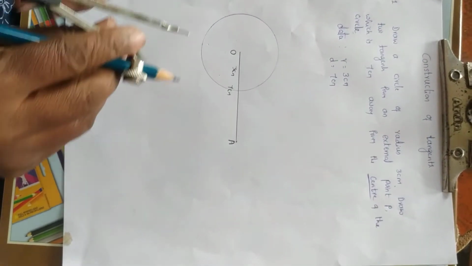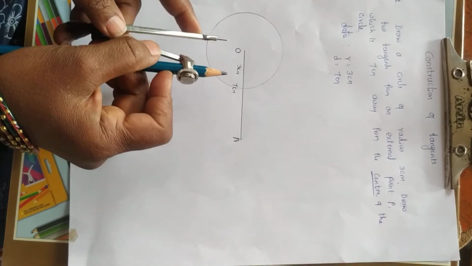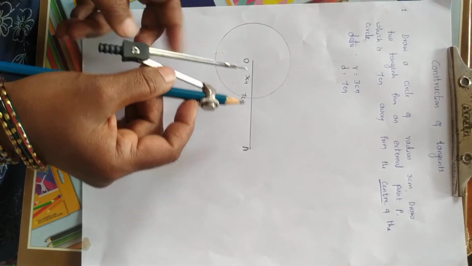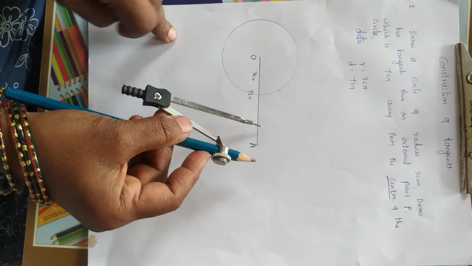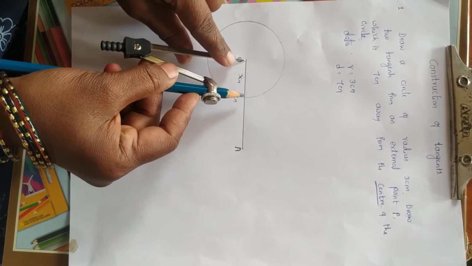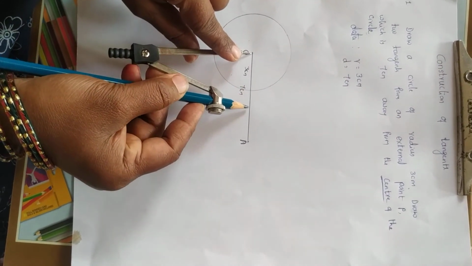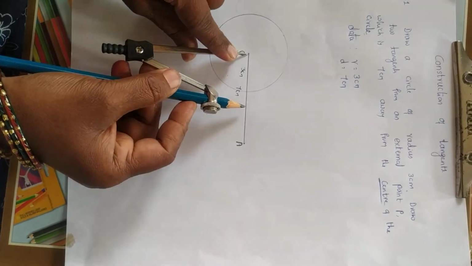Next step is we should construct the perpendicular bisector to the line OA. So for that we need to take more than half of the line OA using compass.